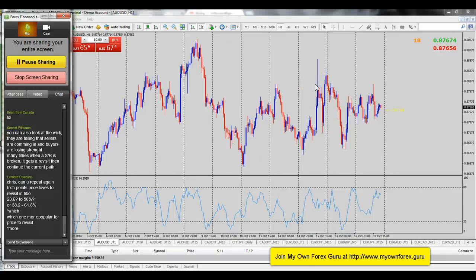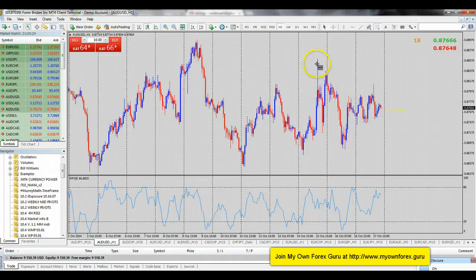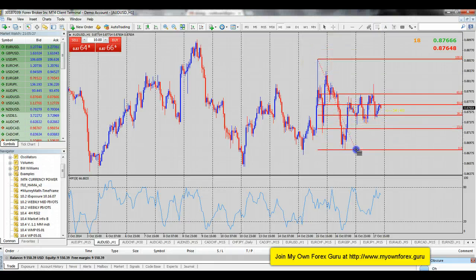Usually 50 and 38.2. I'm sorry, I'm going absolutely banana here with my cough. Usually 50 and 38.2 are where things happen most of the time. That's where you always see a lot of action. So those are the two levels that you should be looking at.